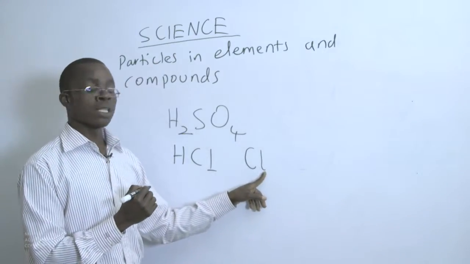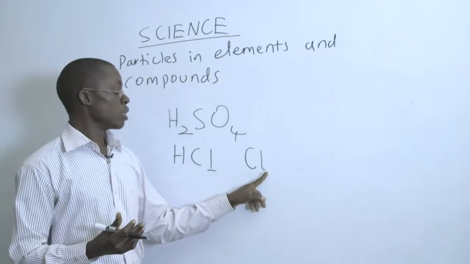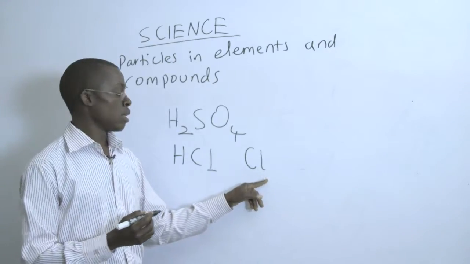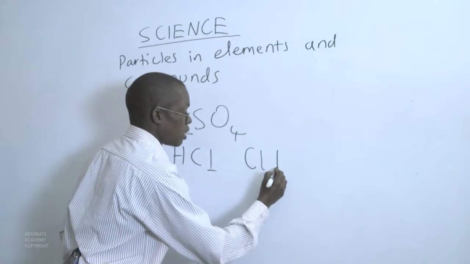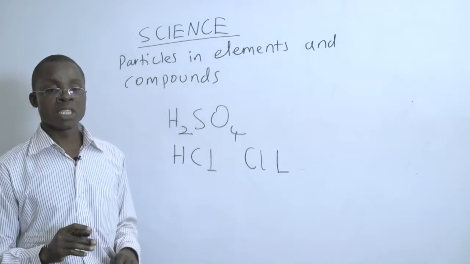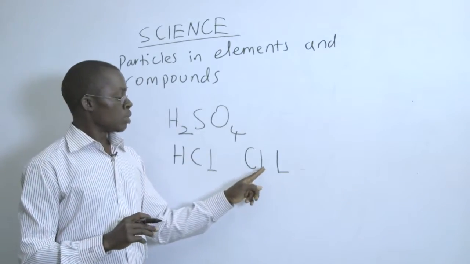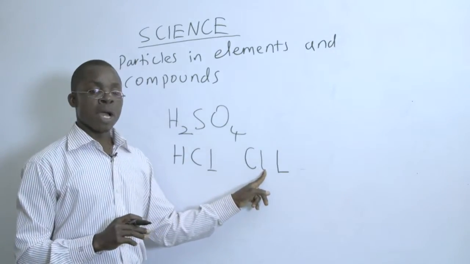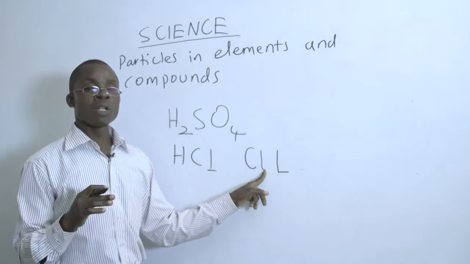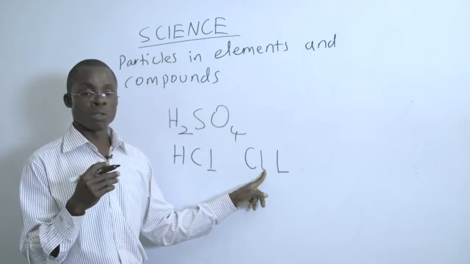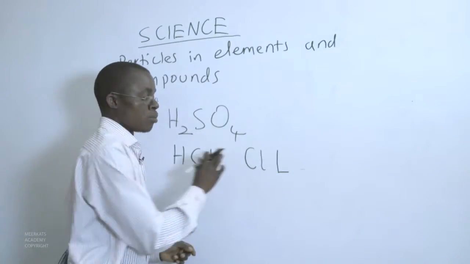Once it is done this way, it is wrong, because this one is interpreted as a capital letter L. It is similar to this, even if they don't look so much alike, but they are taken to be the same. Since you have made the second letter a capital letter, it will have gone against the rules of writing chemical symbols. So this one becomes wrong.